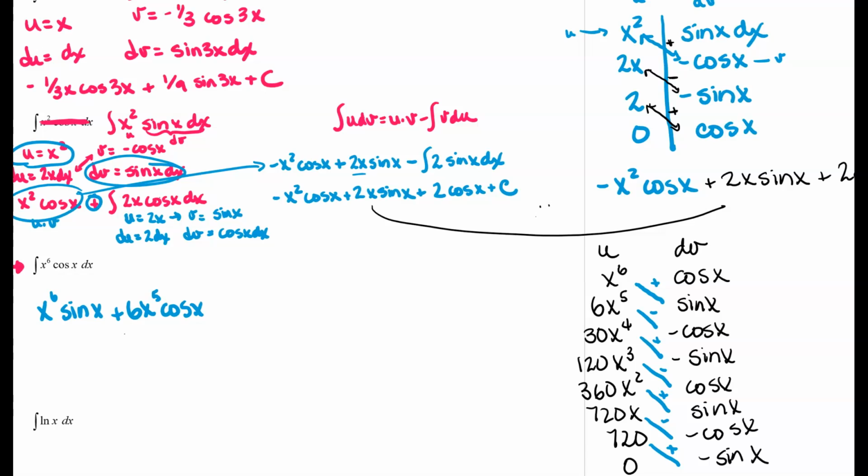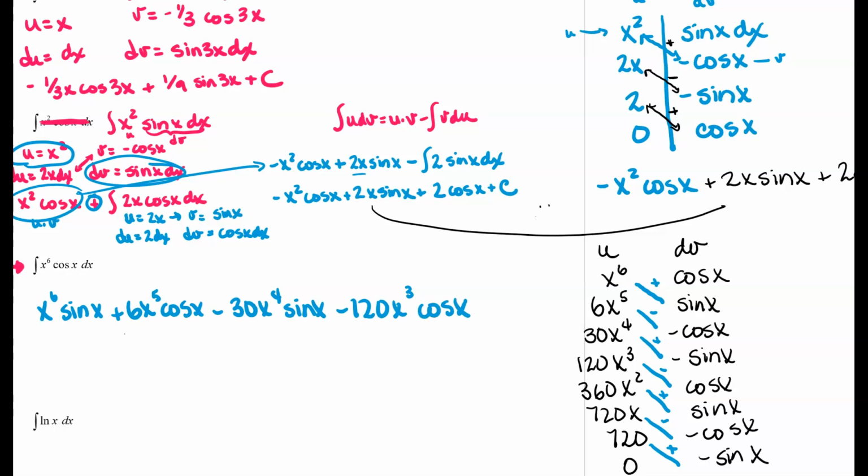Let's see, where am I? I am at 30x to the 4th. Don't change the sign, so negative 30x to the 4th sine. And then negative 120x cubed cosine. Running out of room, I'm going to go to the next line.